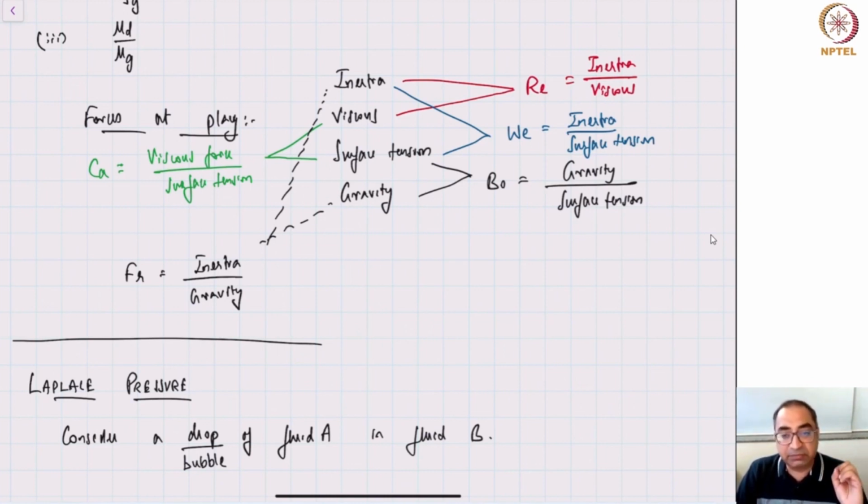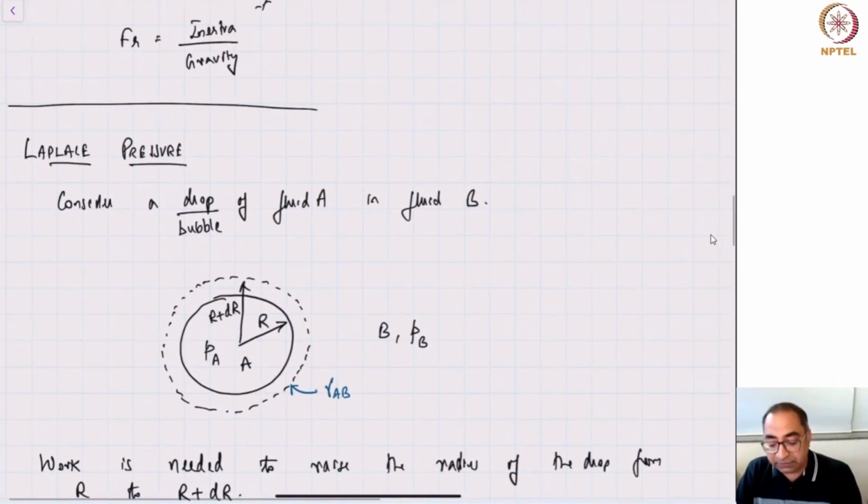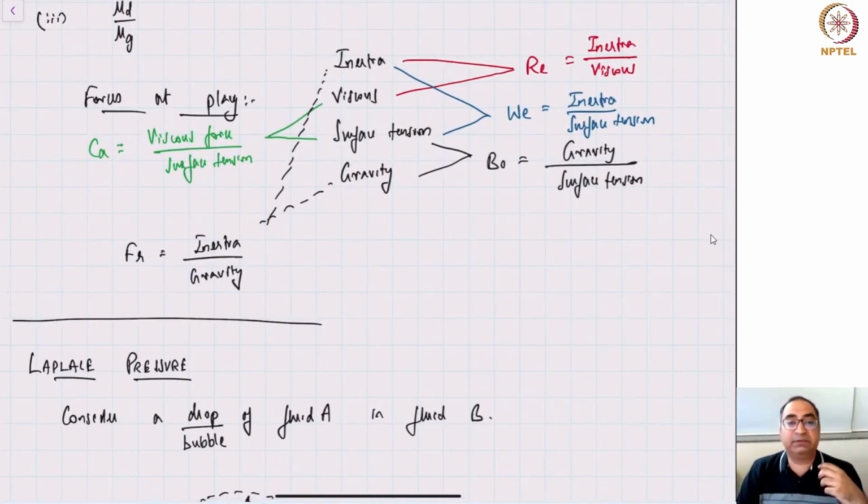Similarly, the Froude number, Bond number, and Reynolds number can all be related. The Weber number can again be related. We will encounter these various numbers when we start working with equations, and when we non-dimensionalize these equations, some of these non-dimensional numbers will naturally emerge.